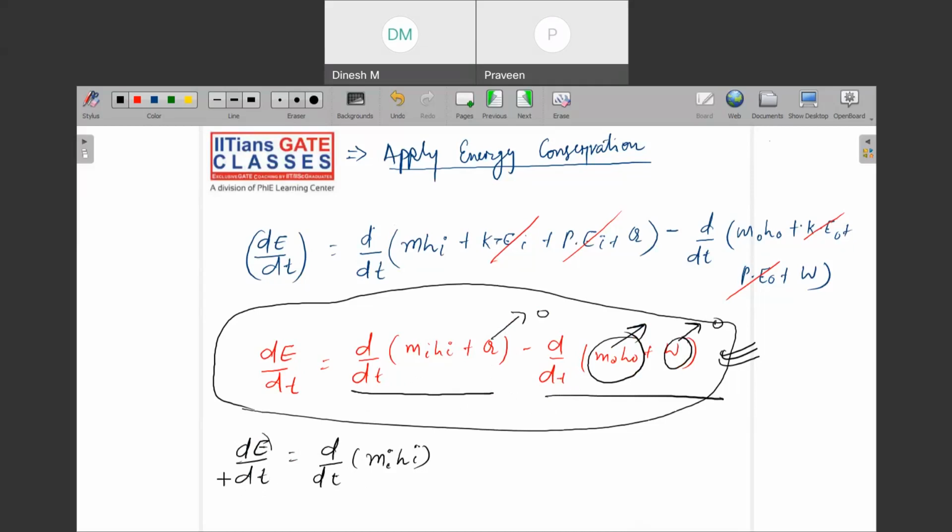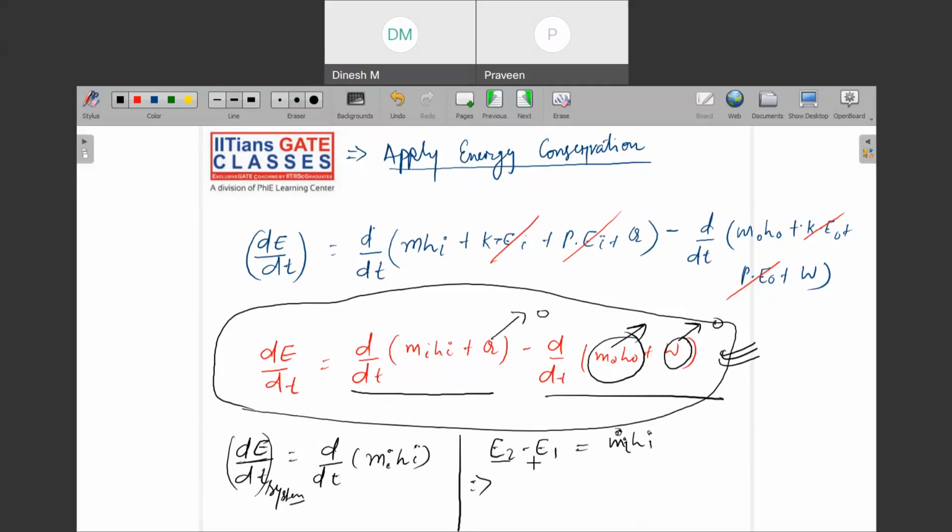And what about dE upon dt? This is nothing but the system only, right? Let us write dE of system and cancel out dt dt. Then this is nothing but the mass flow rate times hi, because hi is constant. So can I write dE as E2 minus E1, equal to m dot h1, or mi, let us say better.